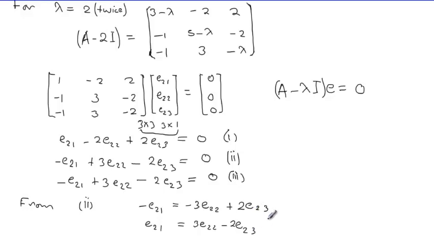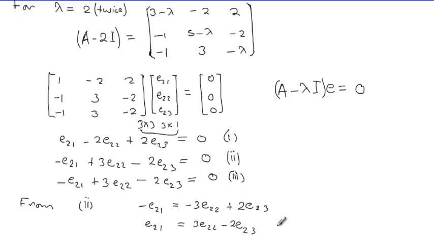Now, what does this mean? It means that our first component of the vector depends on E22 and E23.